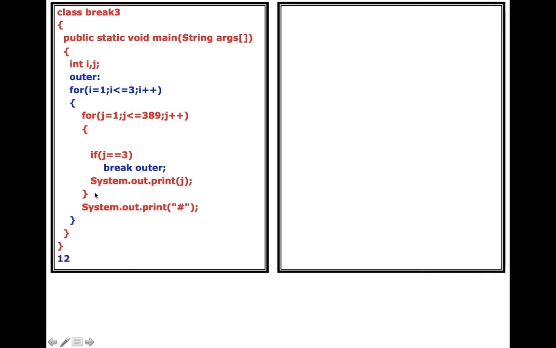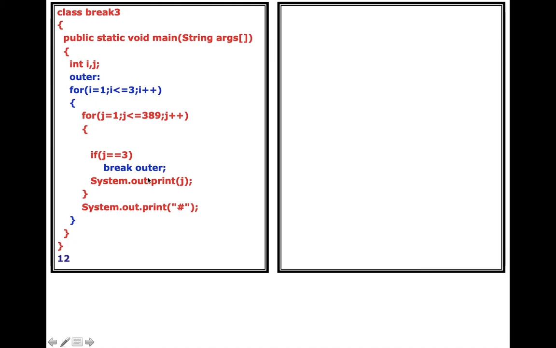Now pay attention. Compiler goes to j++, j takes the value 3, and when j is equal to 3 this condition is true and the break statement executes. Now if this outer was not over here, then this break would have terminated only the innermost loop, that is the j loop.